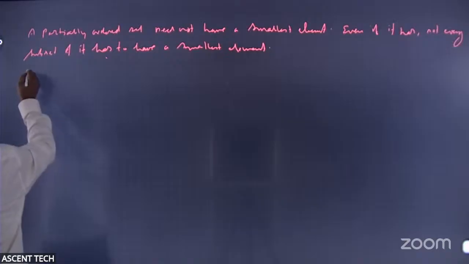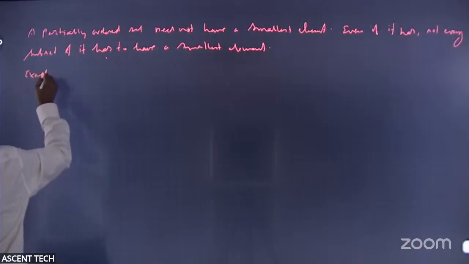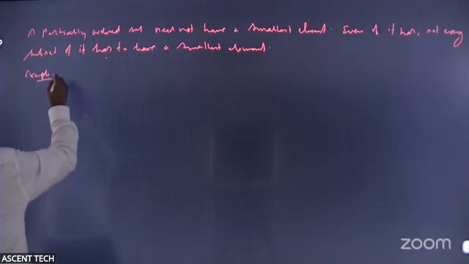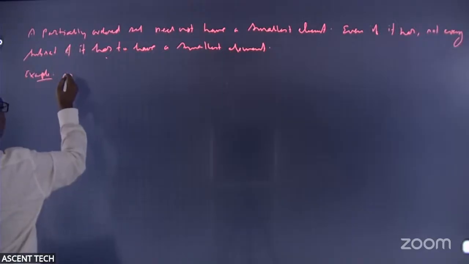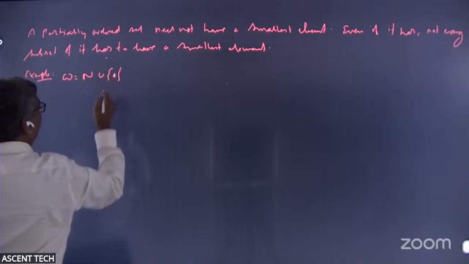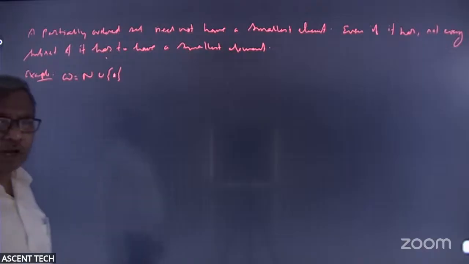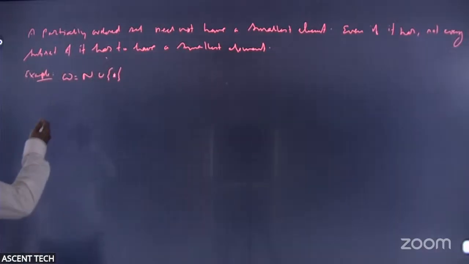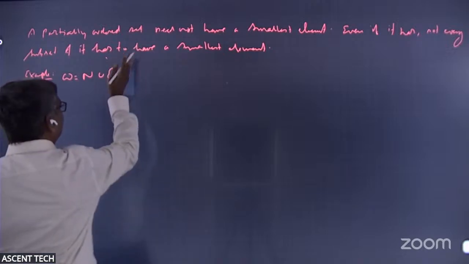Let's say I take W, which is all natural numbers union the singleton zero. That's W, the whole numbers. With the usual ordering, every subset has a smallest element in it.